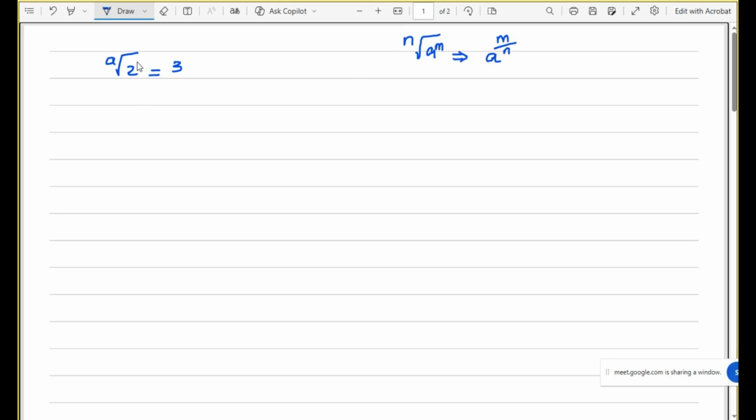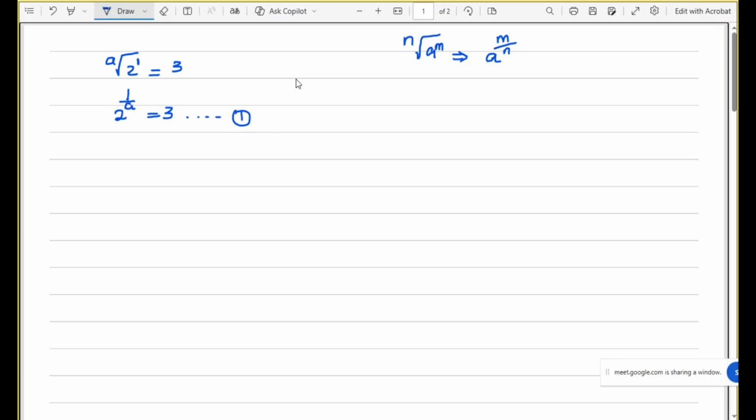So the 2 is to the power 1, and we write this as 2 to the power 1 over a. That's how you remove the root. It's the law of exponents. So this will be my equation 1.